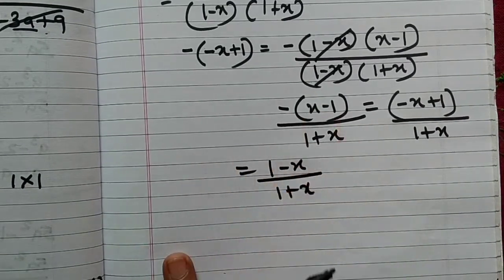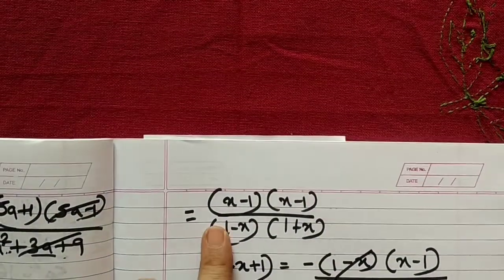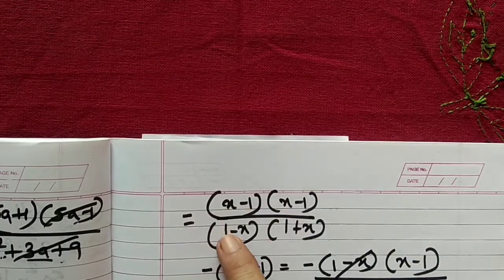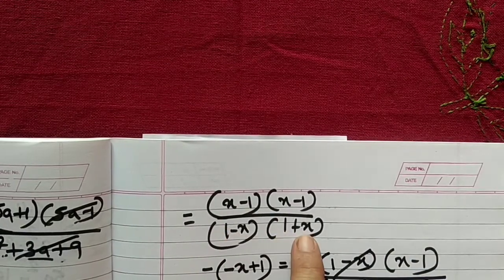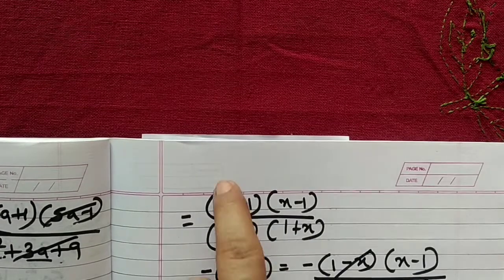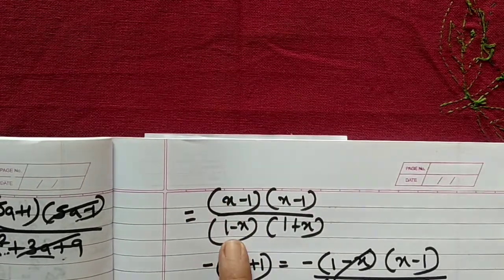You go through this sum again. I will explain again what I have done over here, so just be careful. See here now, I have got x minus 1 upon 1 minus x into 1 plus x. Now 1 plus x cannot be cancelled. But this 1 minus x can be cancelled with any one of these, not both, because there is only one minus x.